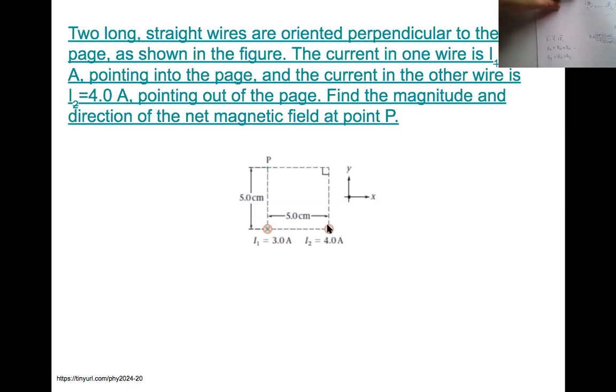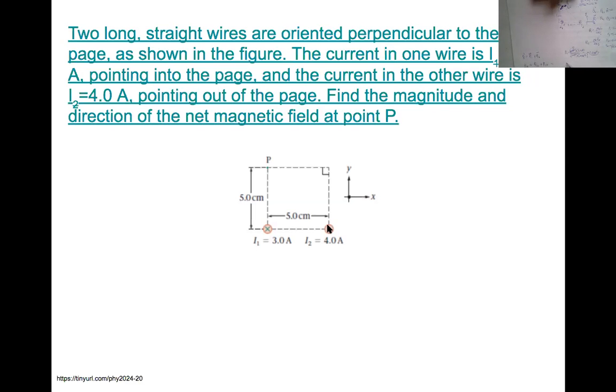So you can see the 4 pi and 2 pi will cancel out, so we have 2 remaining over here. So it'll be 6 over 5. 6 over 5 is 1.2 times 10 to the negative 5 Tesla. That's B1.